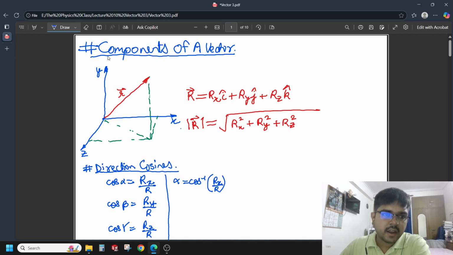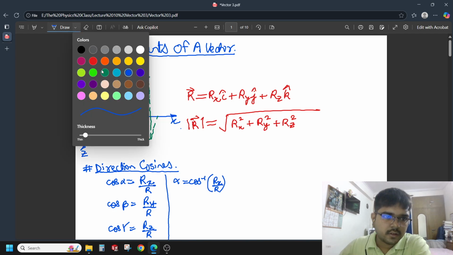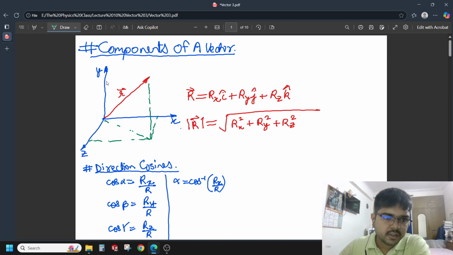In the y-axis, we have Ry, and now we can drop a perpendicular to the plane xz.